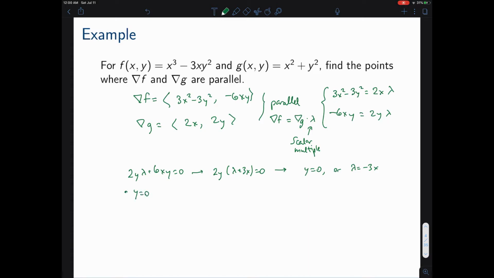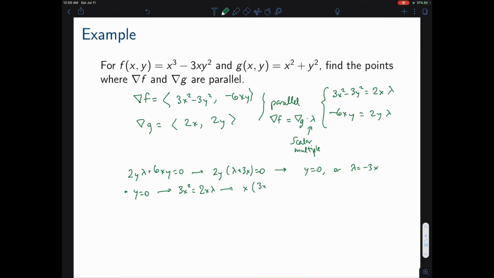If y equals 0, the second equation is all fine. What about the first equation? If y equals 0, then we get 3x squared equals 2x lambda. We can put that all on one side and factor it.